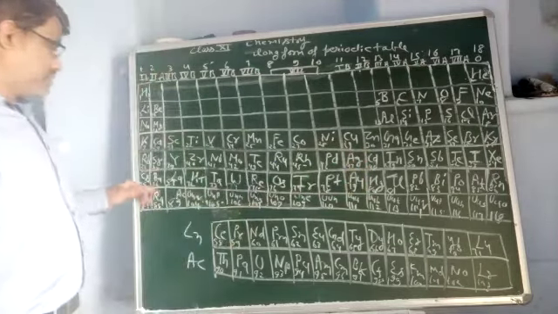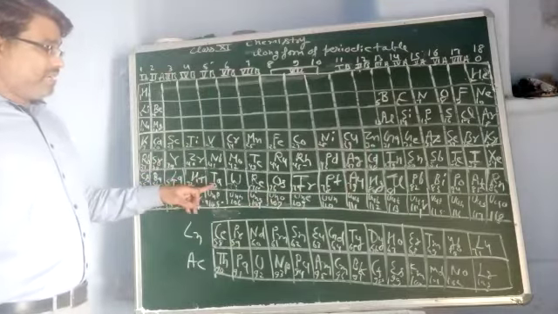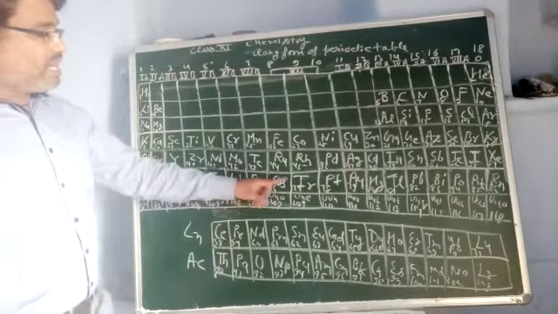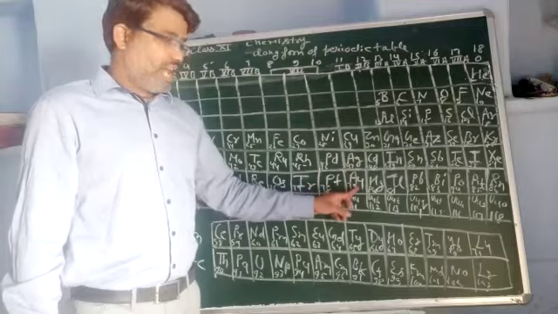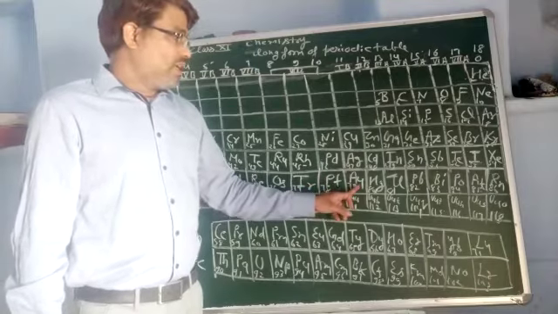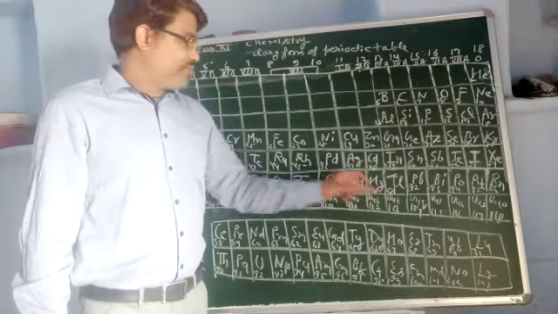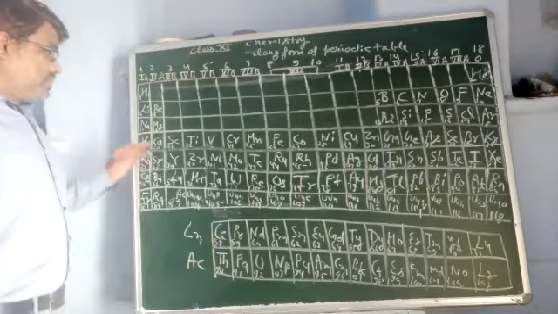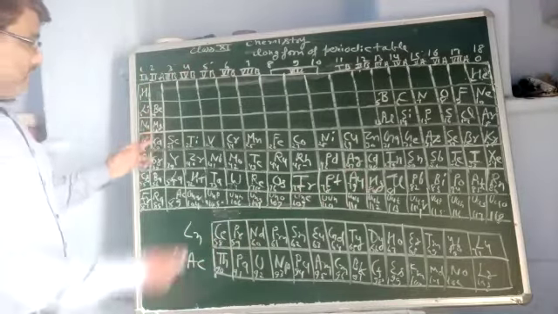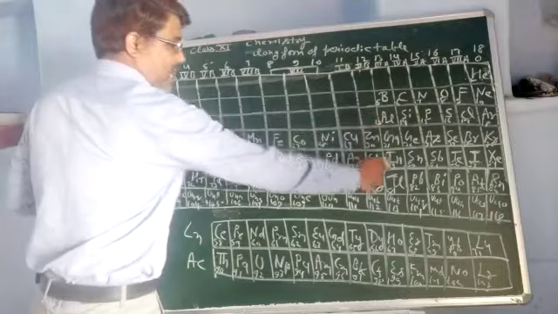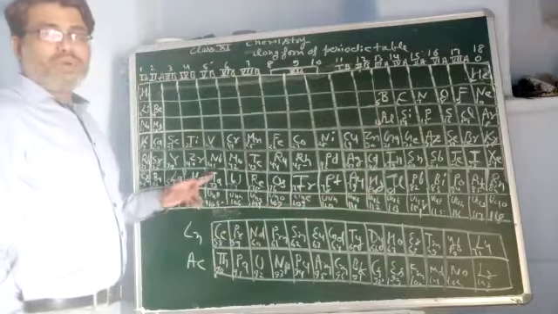And then lanthanum, then hafnium, tantalum, tungsten, rhenium, osmium, iridium, platinum, Au that is gold. And next mercury, Hg. These elements are also called middle d block elements.